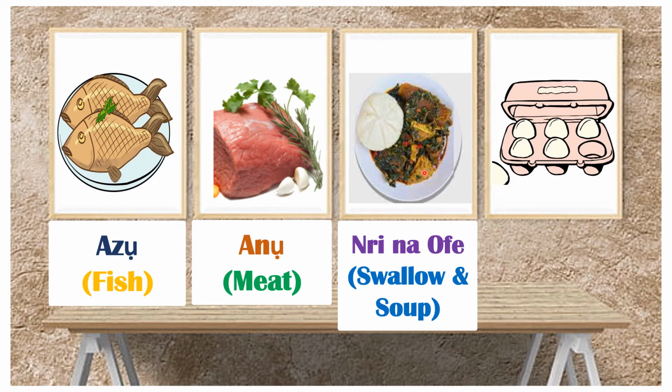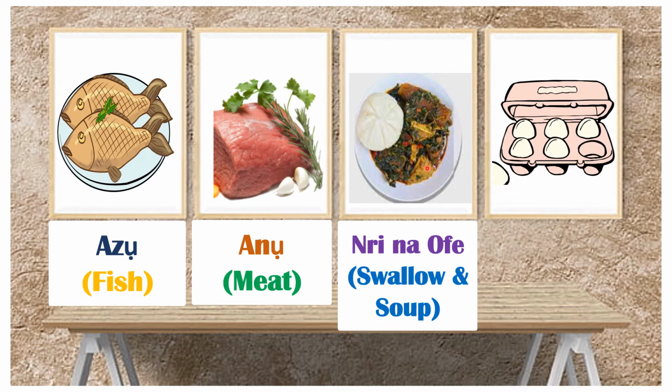So as you can see in the picture, this is ofe, and this is nri or fufu or eba. It depends on what you call it at home. And we have different soups, so we have ofe oha, that's oha soup. We have ofe egusi, ofe nsala, ofe onubu.